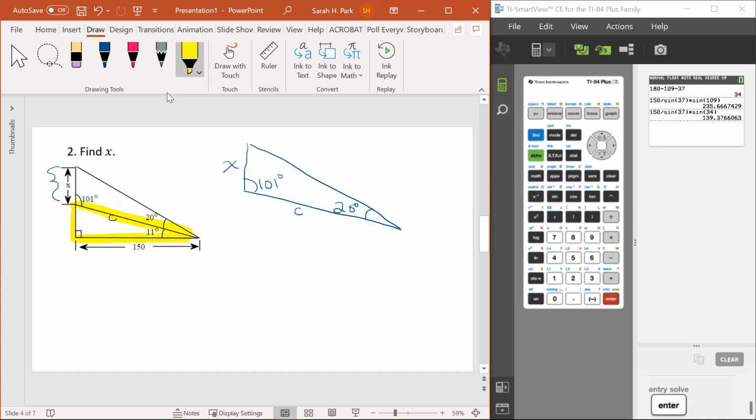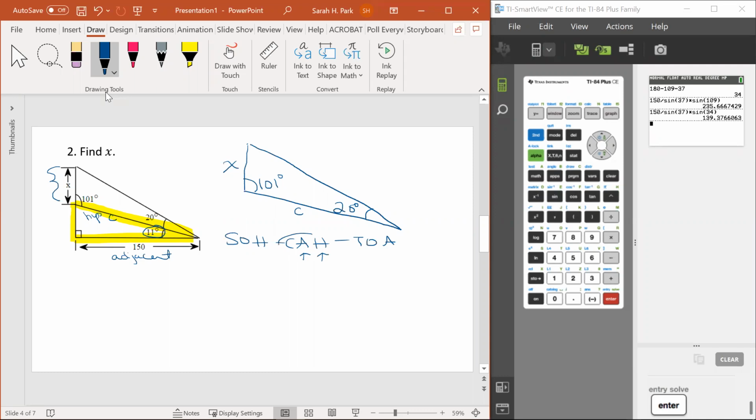Go back to your ratios, which is SOHCAHTOA. If our reference angle is 11 degrees, we have the adjacent side, and C is the hypotenuse. So which trig function relates adjacent with hypotenuse?